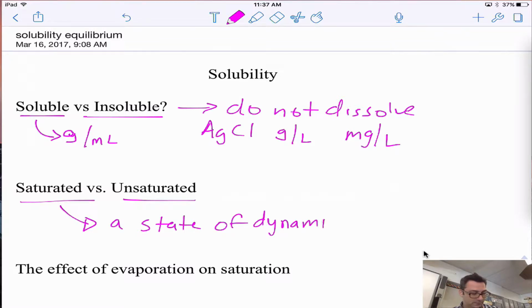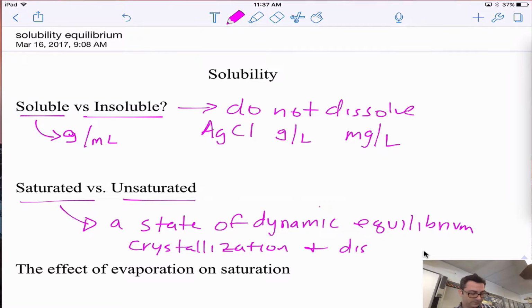What I mean by that is that you have equal rates going on: the crystallization or precipitation and the dissolving. Something important to keep in mind about saturation is that, especially for solids, the only thing that can really affect it is temperature.